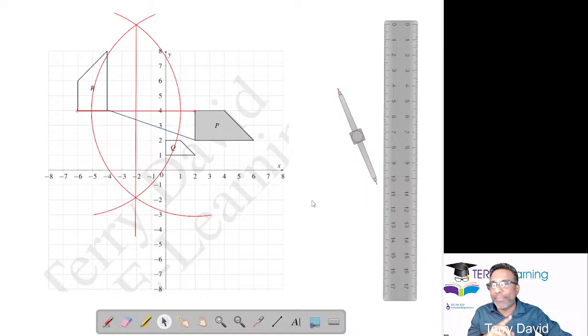Then I'm going to find the perpendicular bisector of the blue line. So let's come back, and let's make this line blue. I'm going to find the perpendicular bisector of the blue line.